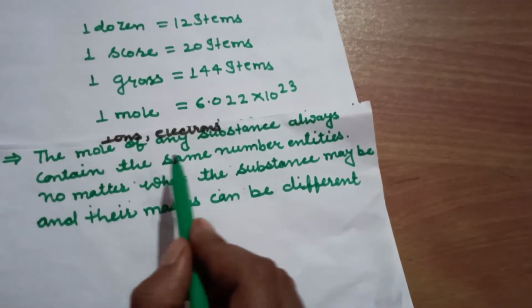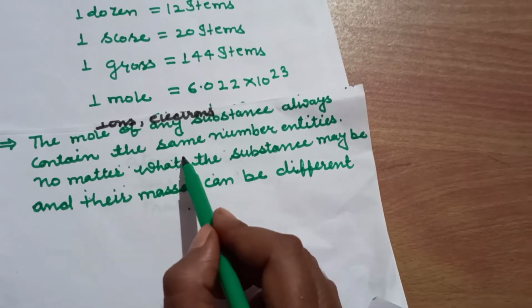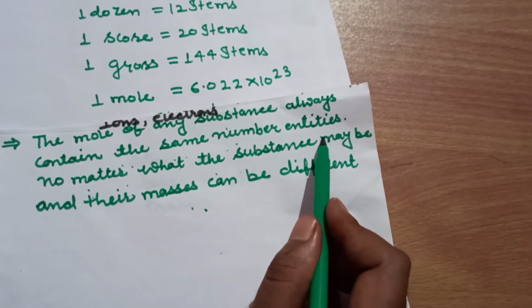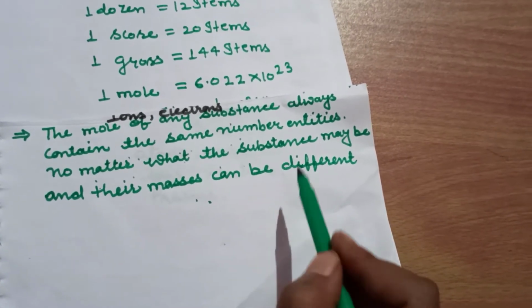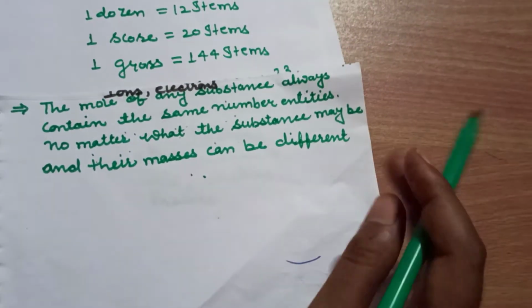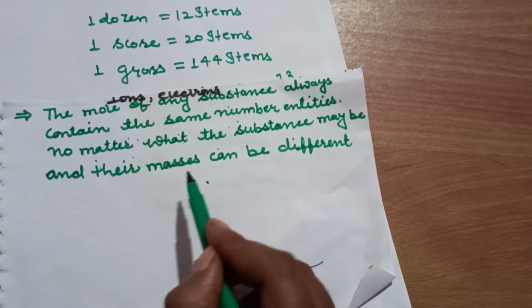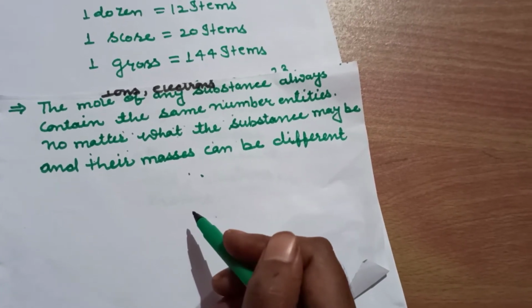The mole of any substance always contains the same number of entities, no matter what the substance may be. Number in mole is the same, but their masses can be different.